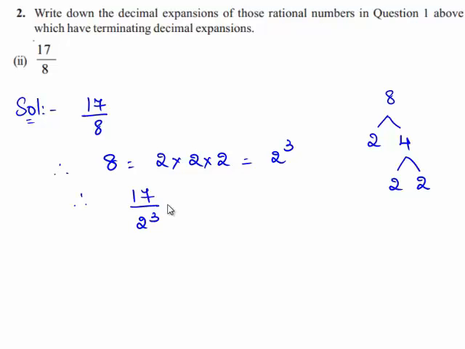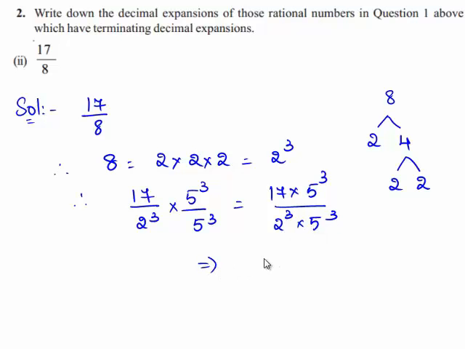Now, we shall multiply the obtained rational number with 5 cube on both the numerator and denominator. Therefore, 17 upon 2 cube times 5 cube by 5 cube. This gives 17 times 5 cube upon 2 cube times 5 cube.